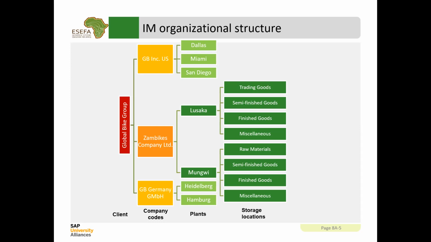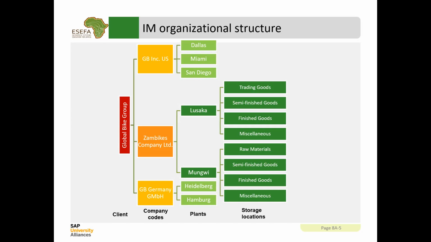So for Mungwi, that does not deal with sales or shipping of items, you do not have to keep a large warehouse of finished goods. Once those goods are finished and well packaged, or they are in the semi-finished state, they are transported to Lusaka.